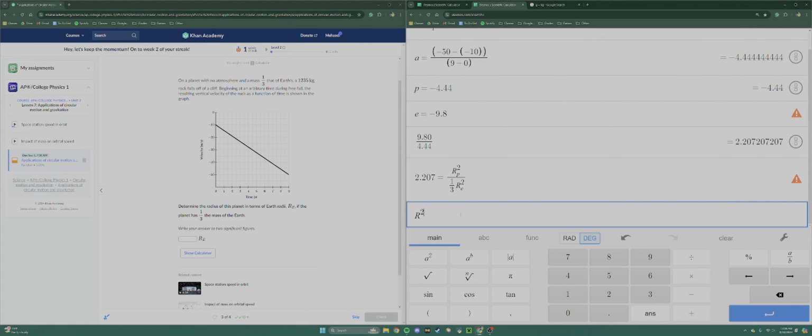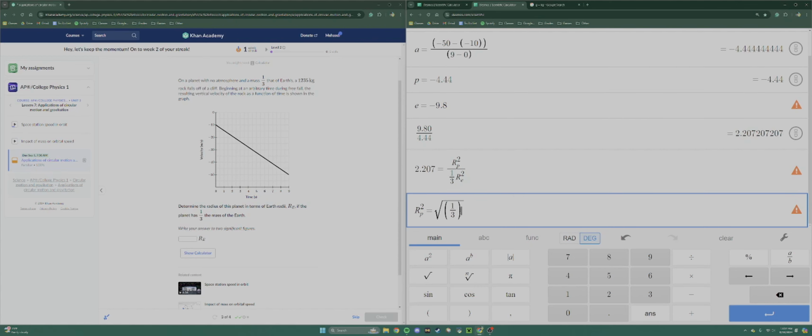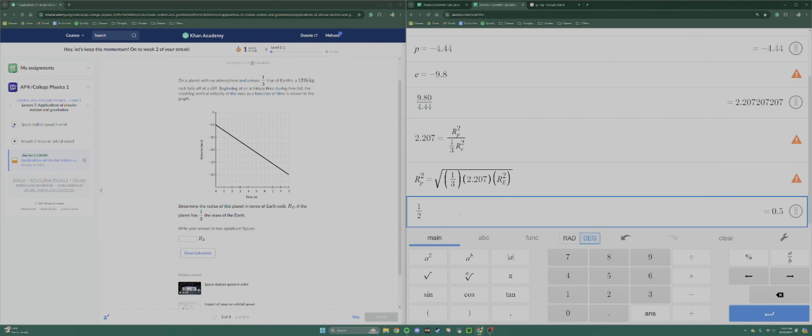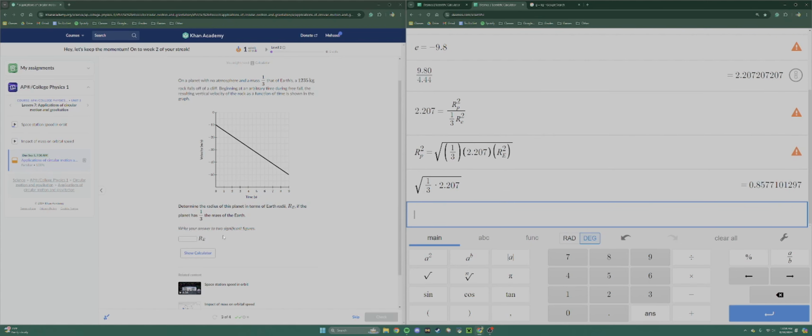So now r squared of our planet is equal to the square root of 1/3 of this 2.207 number times r squared of Earth, which means that 1/3 of 2.207 is equal to this number, which can be simplified to two significant figures as 0.86.